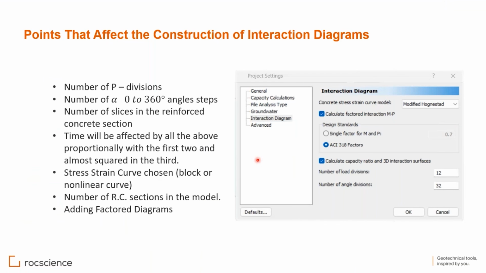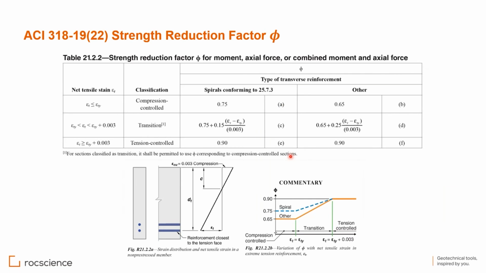The interaction diagram results depend on many points, like the number of divisions, the number of slices in the reinforced concrete, and how many load factors you're adding. The time will be greatly affected by these two numbers we're putting here, the number of load divisions and the number of angle divisions.